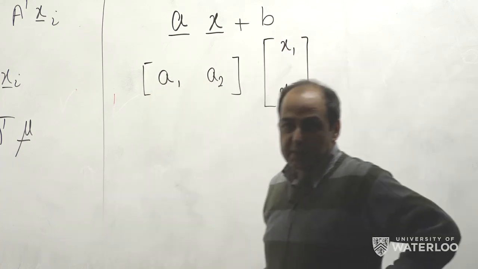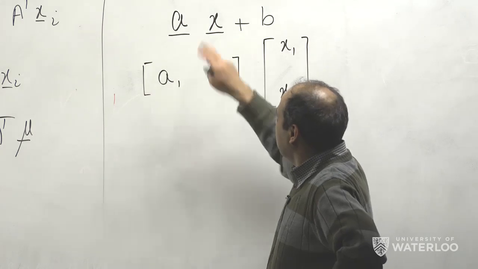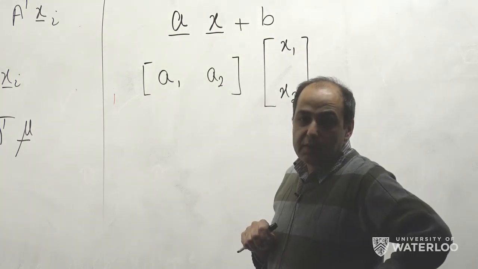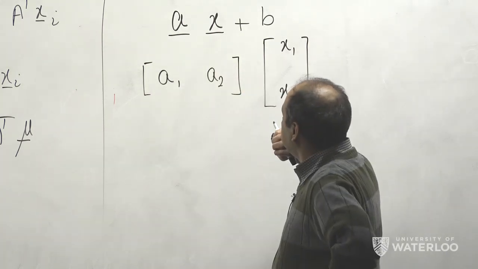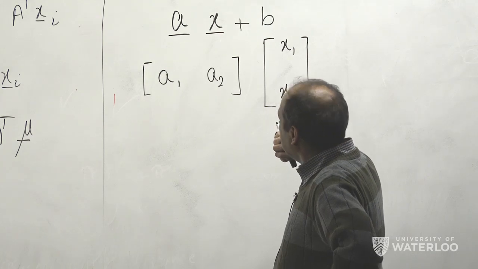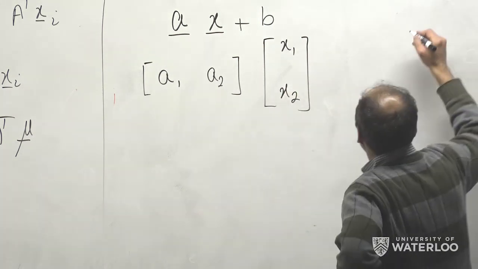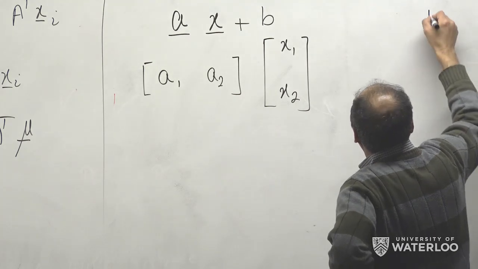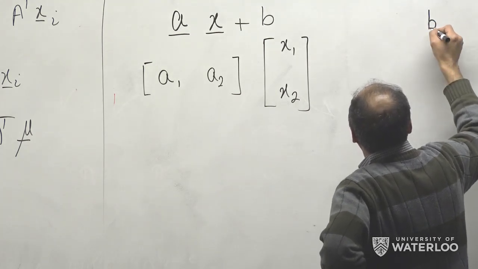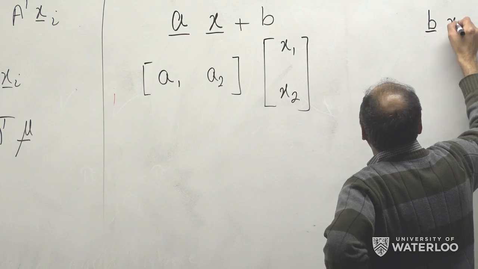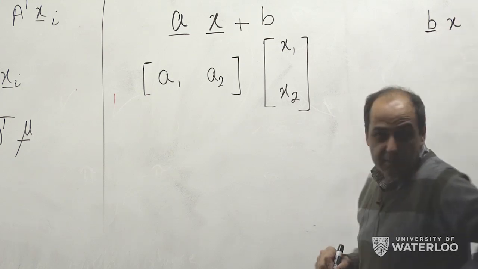And b here is a scalar. I just talk about this part. This is a linear function, a^T x. Suppose that I want to generate a function of the form of b x squared.